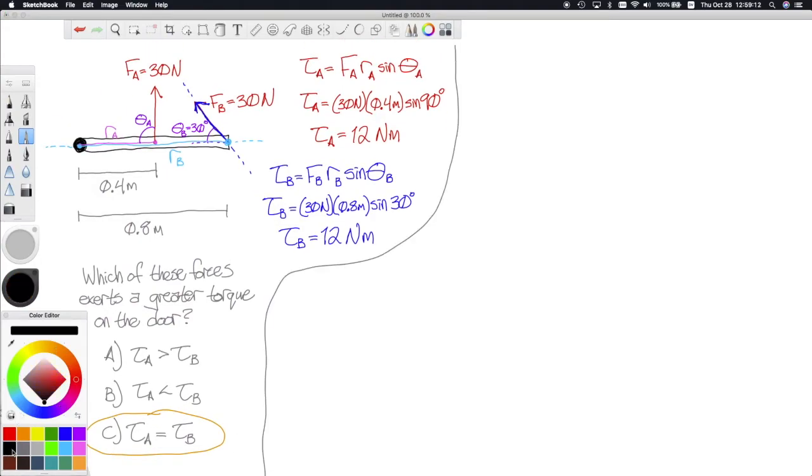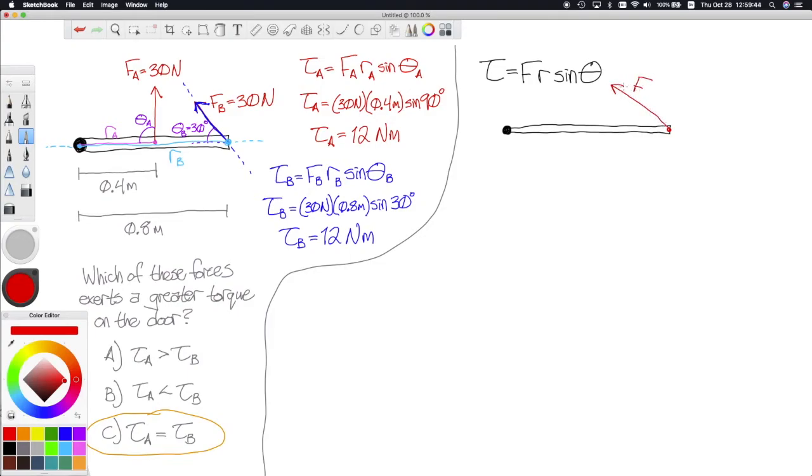Last but not least, I just want to go over some different ways to think about this equation. Torque equals Fr sine of theta. And to give us a situation to discuss, let's again consider this door on its hinges. And I want to think about the force applied at the very end of the door at an angle like this.